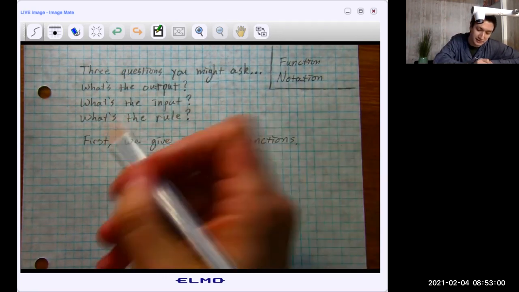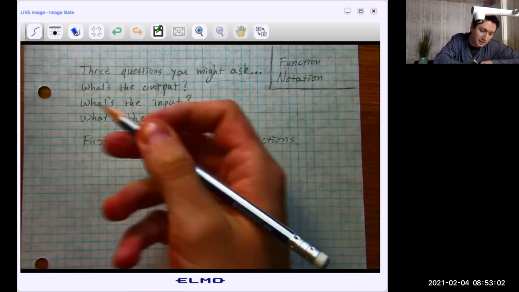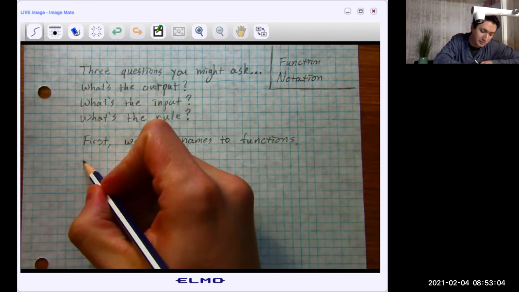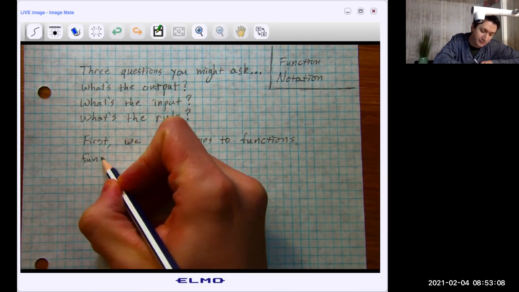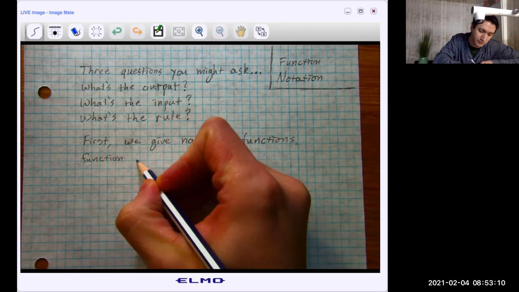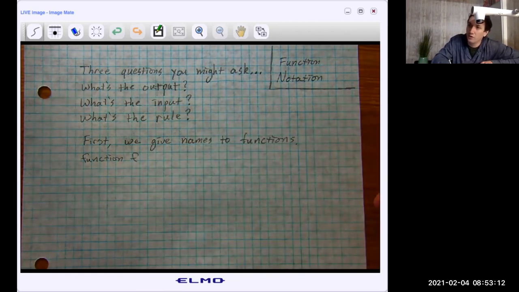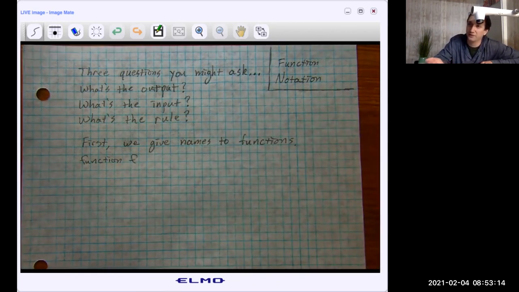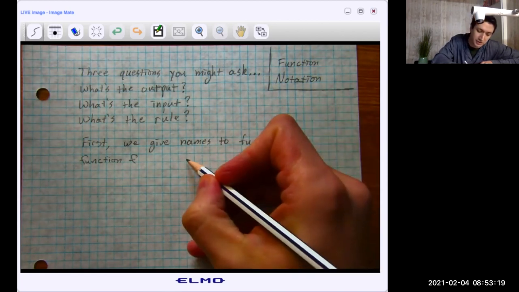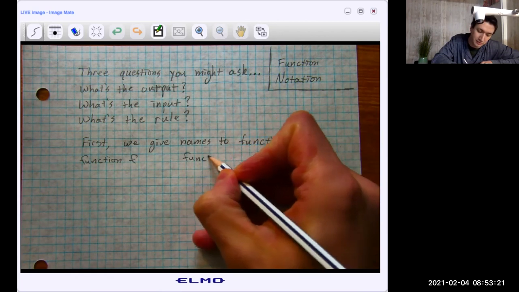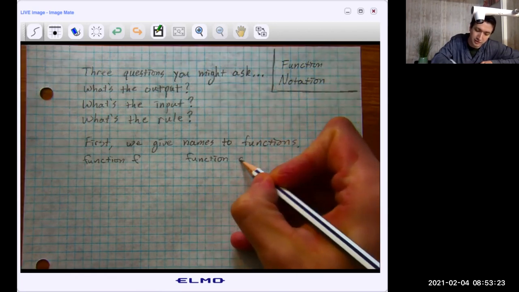You can name them whenever you want, but the most common one would be function f. That's the most common one, just because f is for function, so we just call it f. You could also call a function g, function g.